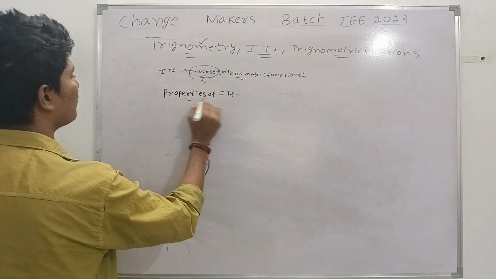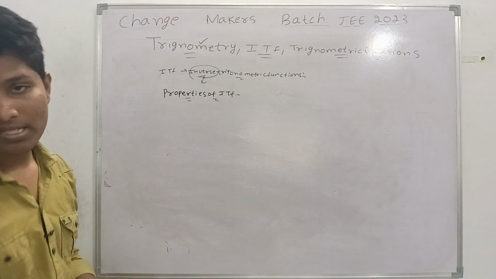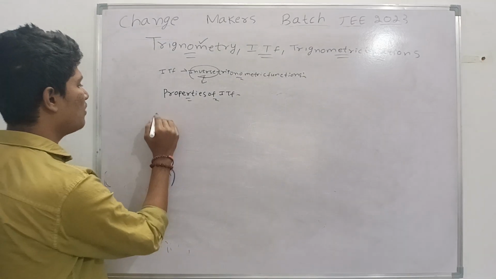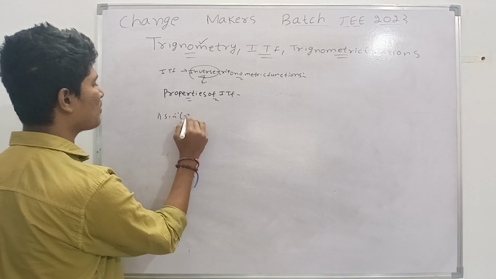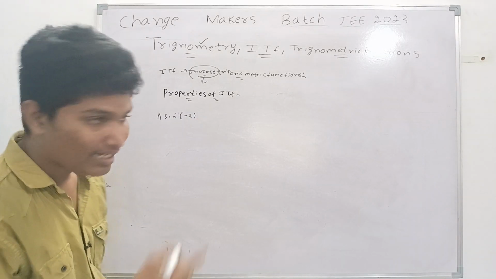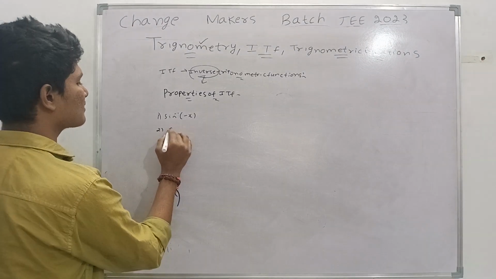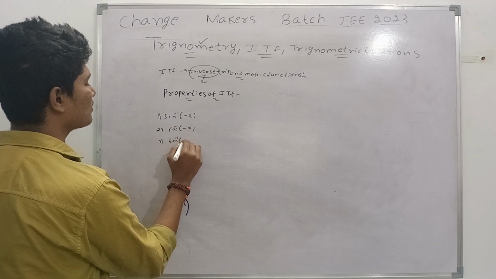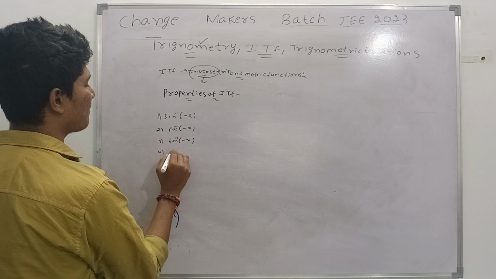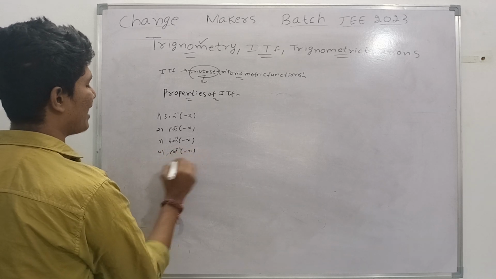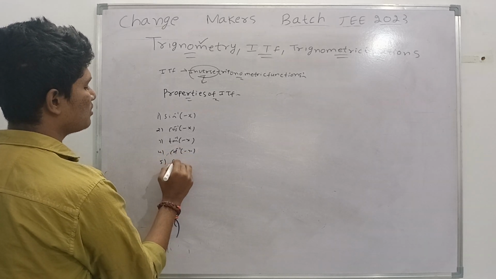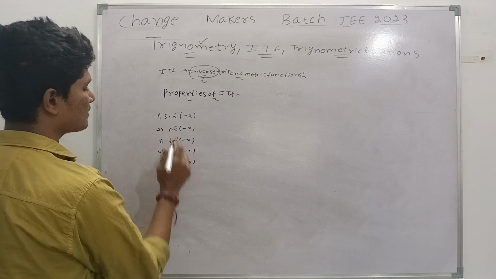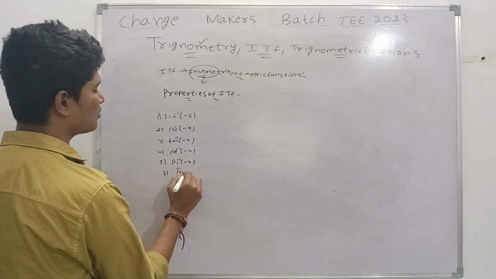Properties of ITF. What are the properties that exist in ITF? Basically, first, if we take sin inverse of minus x, what will it become? Like that, there is a set: sin inverse x, next cos inverse minus x, next tan inverse minus x, fourth cot inverse minus x, fifth secant inverse minus x, and sixth, cosecant inverse.